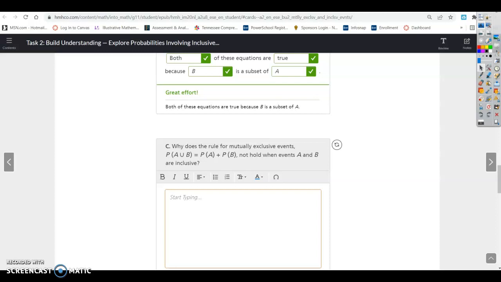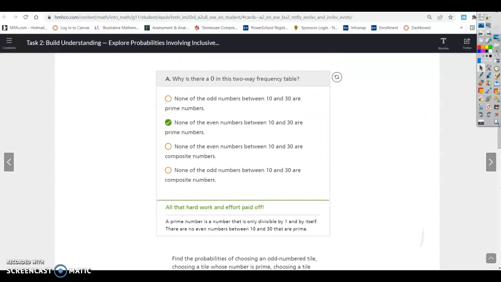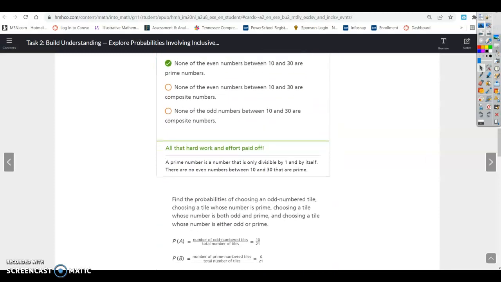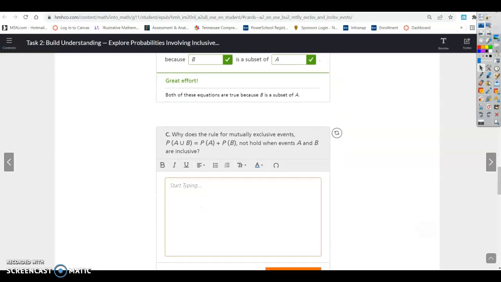They were separate. That's not going to hold true here because if we add these two events together, we're going to get double for all the numbers that are included in B because B is included in both A and B. So it doesn't work the same when it's inclusive.